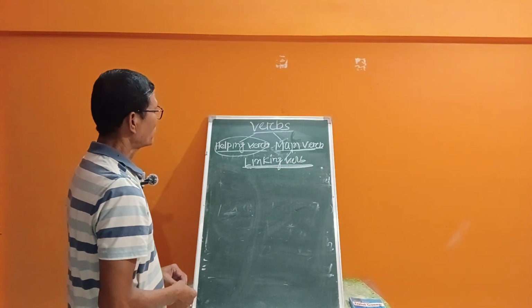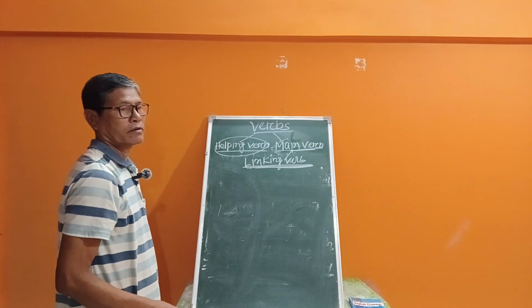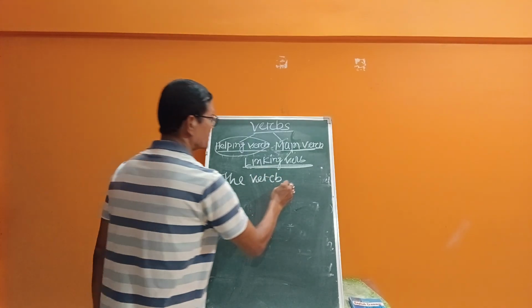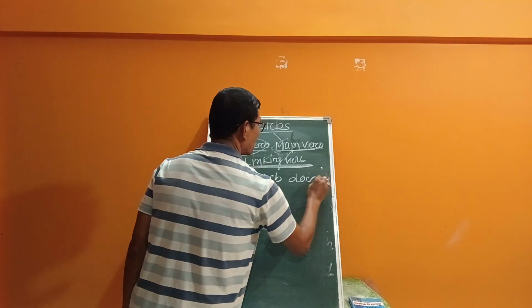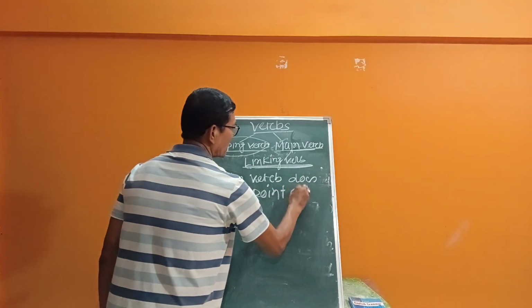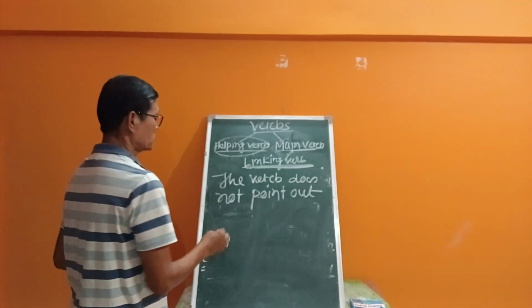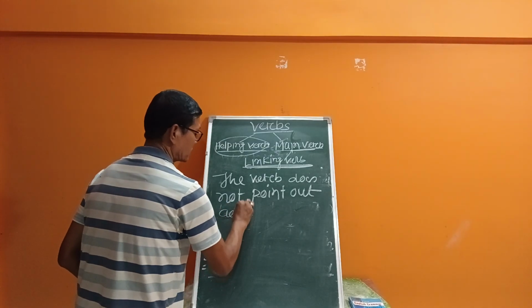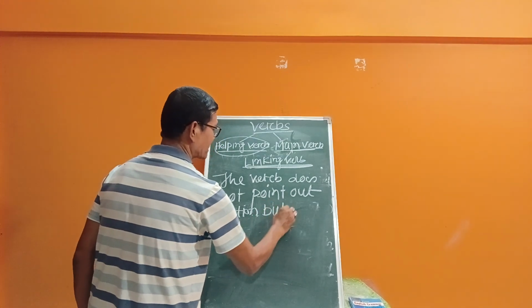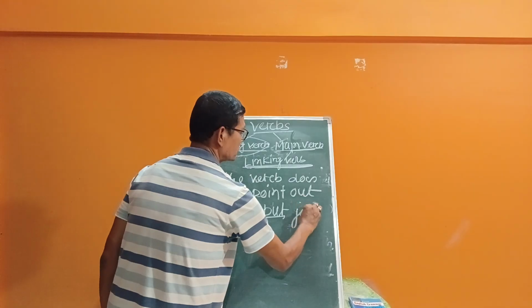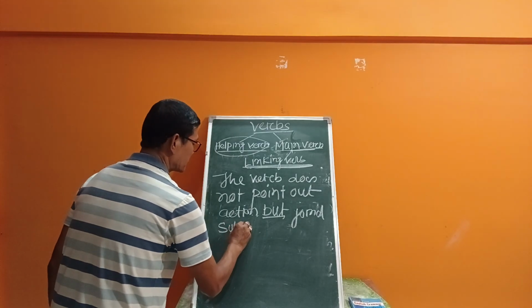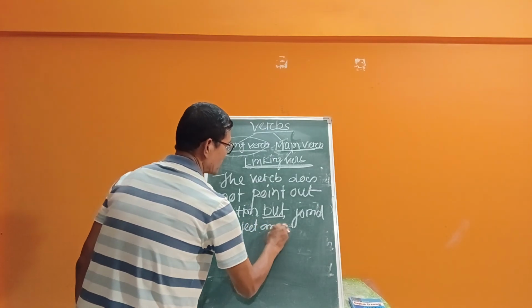What is the linking verb? A linking verb does not point out action, but joins the subject and complement.